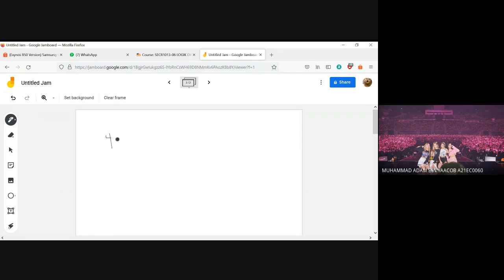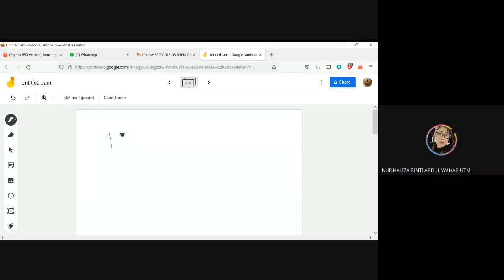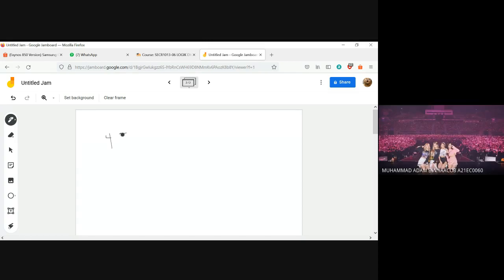So 0.45 times 7, we get 3.15. So this one will get 3.